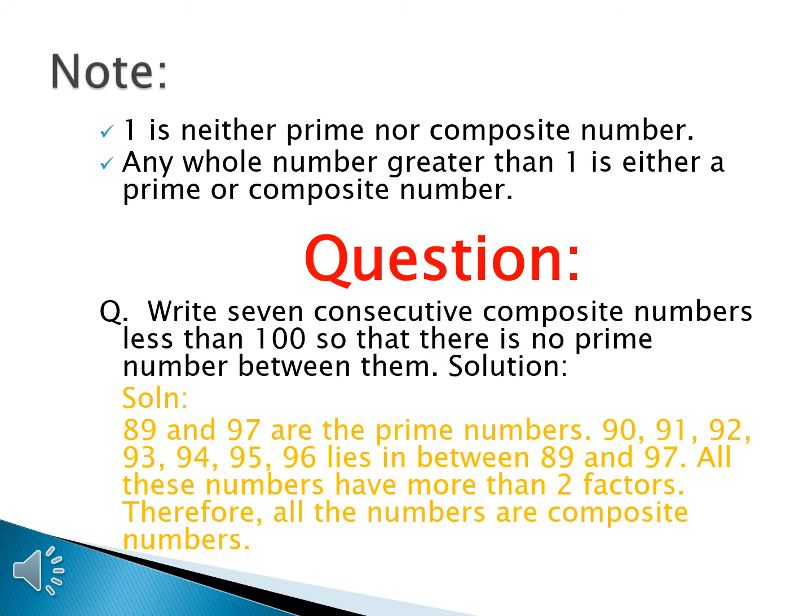If you try to write such numbers, you will see that 89 and 97 are the prime numbers. 90, 91, 92, 93, 94, 95, 96 lie between 89 and 97. All these numbers have more than two factors. Therefore, all these numbers are consecutive composite numbers.